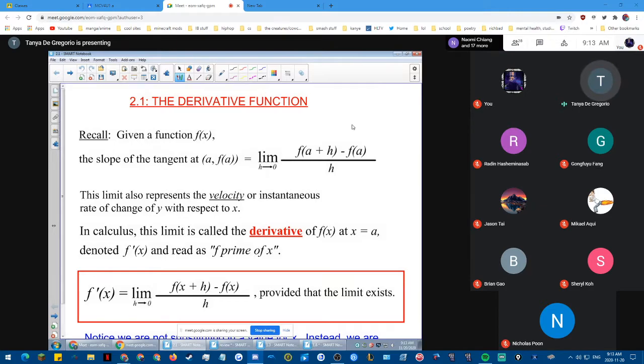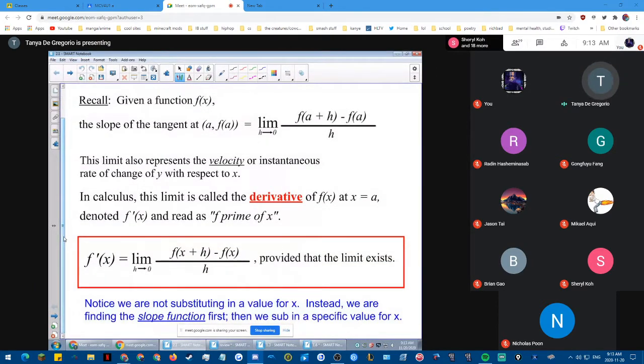Okay, so we have the derivative function. Recall, given a function f of x, the slope of the tangent at a point a comma f of a is the limit as h approaches 0 of f of a plus h minus f of a over h. There's our formula for first principles. In chapter 1, that's how we found the slope of a tangent. This limit also represents the velocity or instantaneous rate of change of y with respect to x.